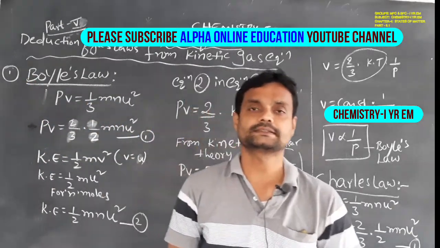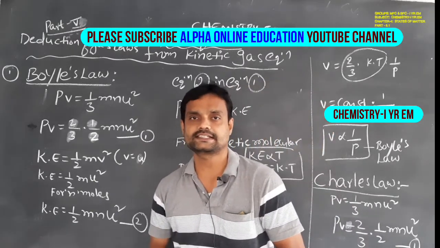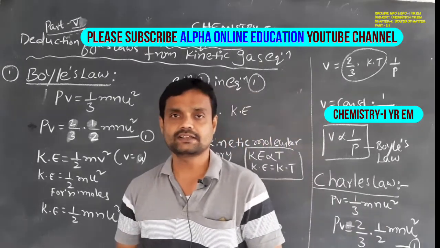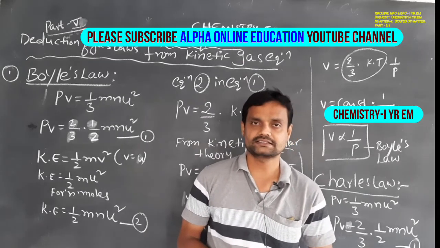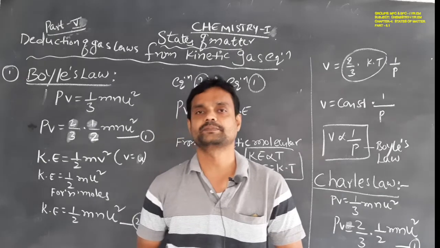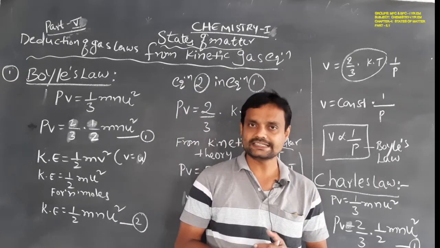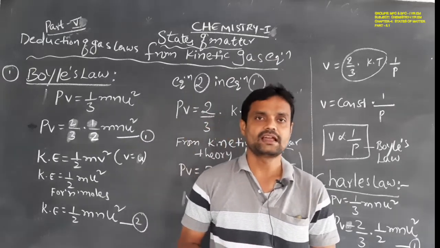So students, here we learn about the states of matter chapter in first year chemistry. Previously we have learned the gas laws, that is Boyle's law, Charles's law and Avogadro's law. By using those gas laws, we can derive the ideal gas equation, that is PV equals nRT.